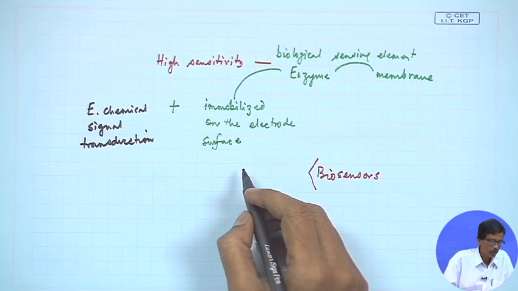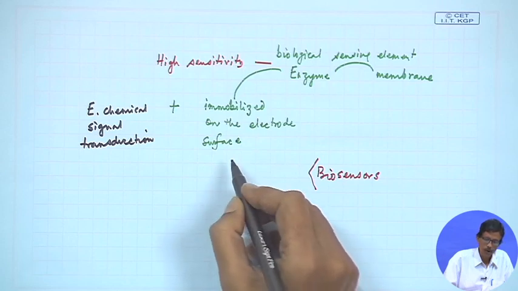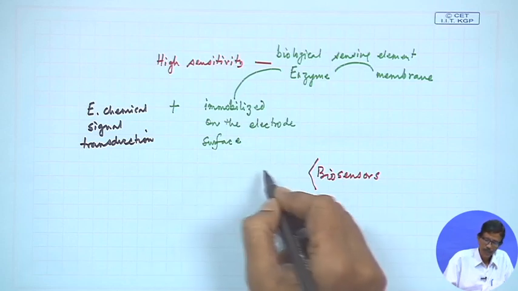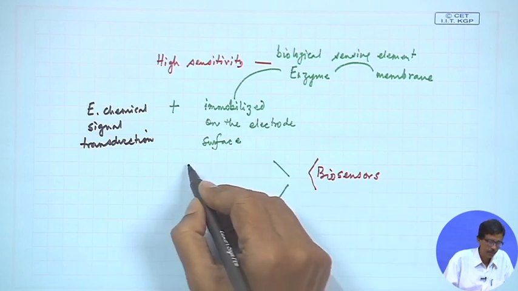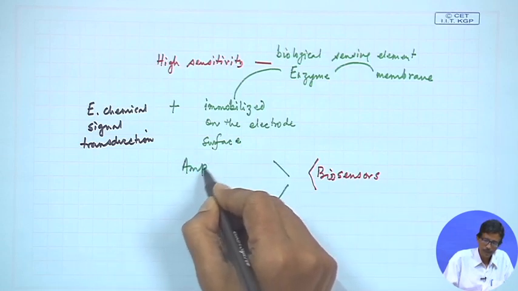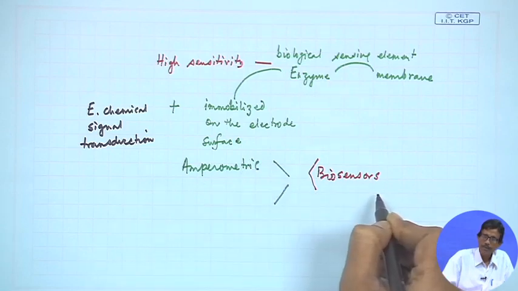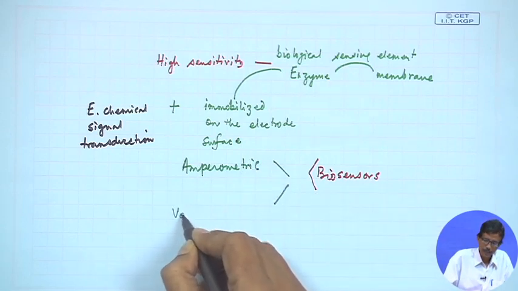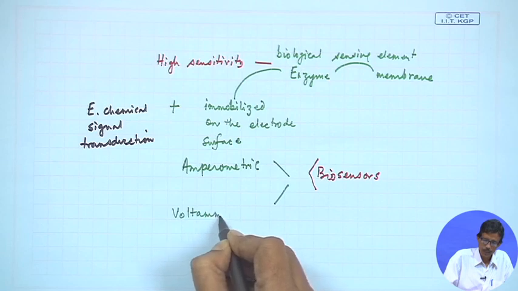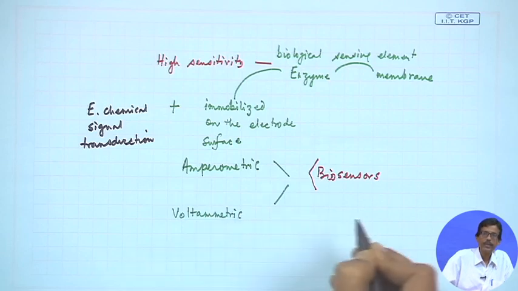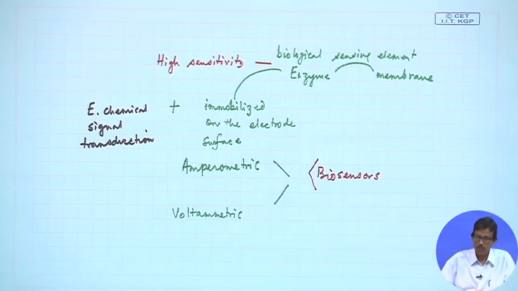So, when we talk in terms of the corresponding current plot with that of your potential, these are of two types: one can be your amperometric biosensor, the other can be your voltammetric biosensor. So, all these things we will develop next day, and we will discuss once again all these things for your convenience. Thank you very much.